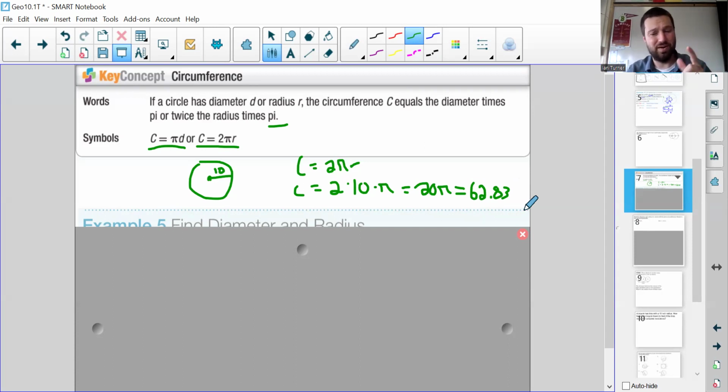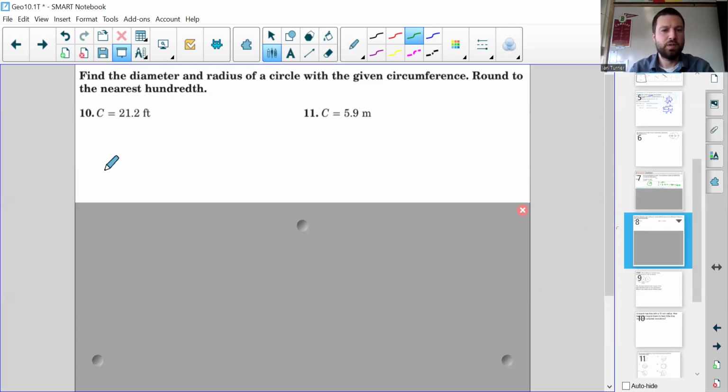Nothing crazy there. Now, there are some where we're going to want to work backwards, okay? So here is the circumference. We want to find the diameter and the radius, okay? We want to find both. So if we want diameter, it's a really easy equation. Circumference is just pi times the diameter, okay? So to find diameter, we have the circumference, we can just divide by pi.